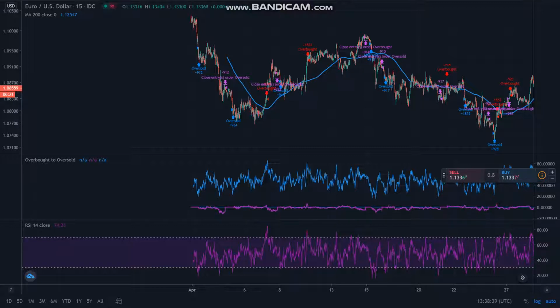This is an error rate over a simple trend strategy, and we could try to refine that if we add some sort of reversal indicator that looks at what kind of lines have been broken, like if it's been breaking through the 200 MA line.